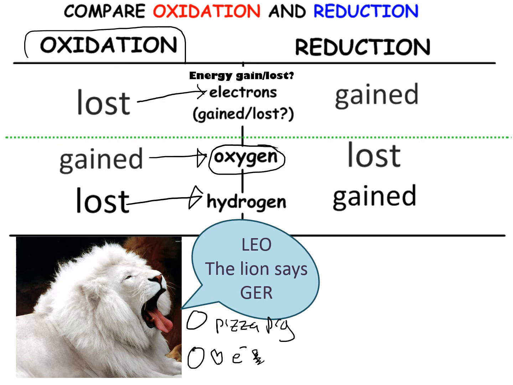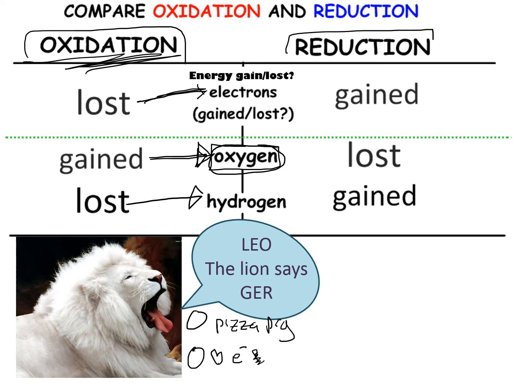So think about it this way. Oxidation, if you gain an oxygen, it's like a loss. Why? Because oxygen is going to show up early to your party and eat all of your electrons. So gaining an oxygen is like losing electrons. Kind of like gaining that friend is kind of like losing pizza because they show up early and they eat all your pizza. I hope you found that useful.